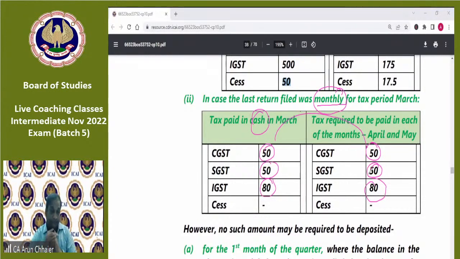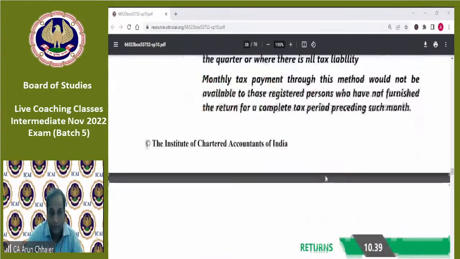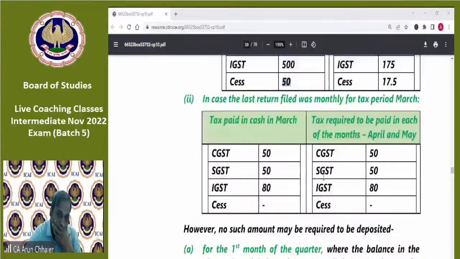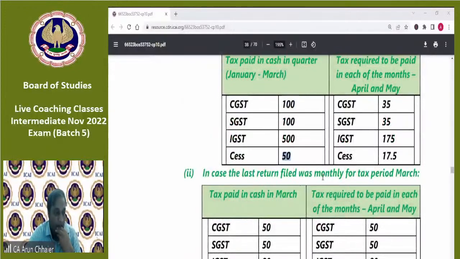Is it clear? Requesting everyone to kindly confirm. Correct. There are two possibilities. Either you were under QRMP in the last period or you were filing under the monthly scheme.